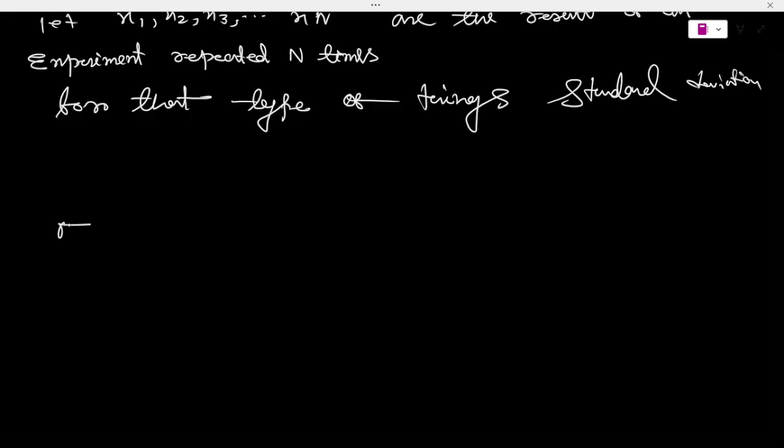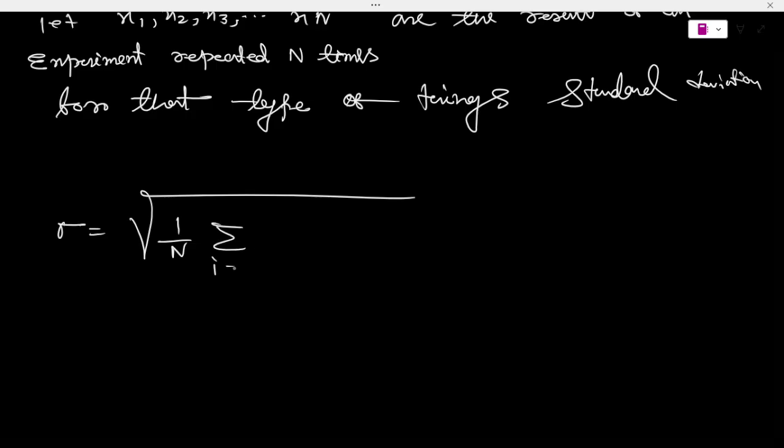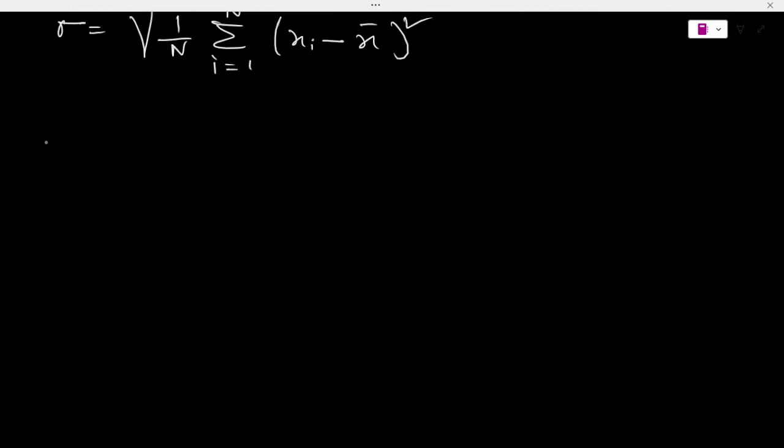The standard deviation sigma is equal to the square root of 1 by n times the summation from i equal to 1 to n of (xi minus x bar) whole square, where x bar is equal to 1 by n times the summation of xi, the average of all values of x.